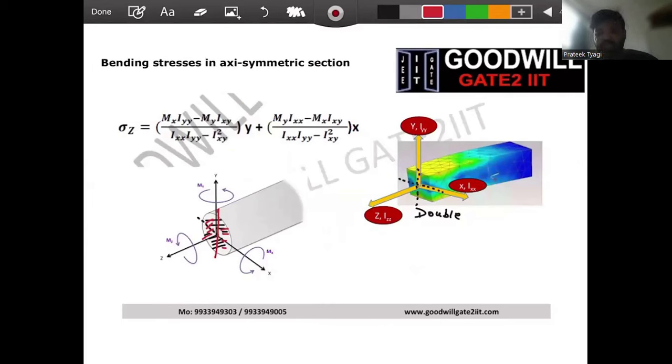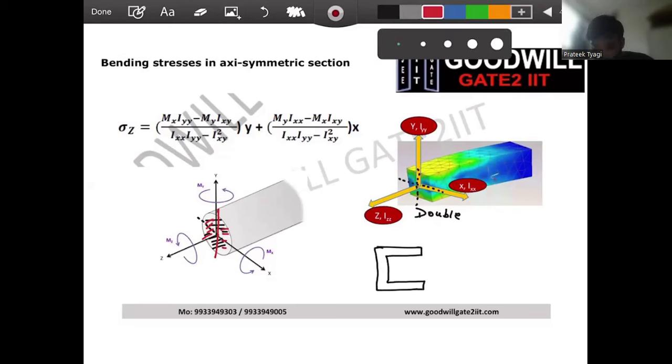When your cross section is symmetric, whether it is single symmetric or doubly symmetric. Now I'll give you an example. If you see C section, this C section is symmetric about only X-axis. You see, top surface and bottom surface are exactly same.